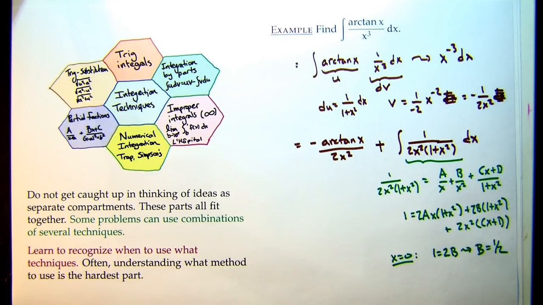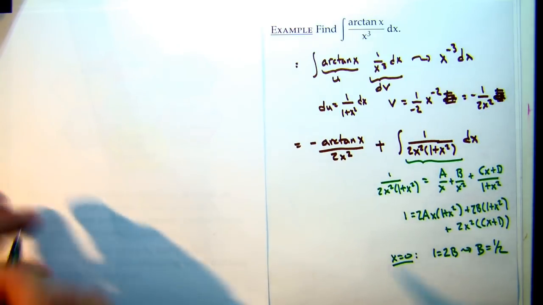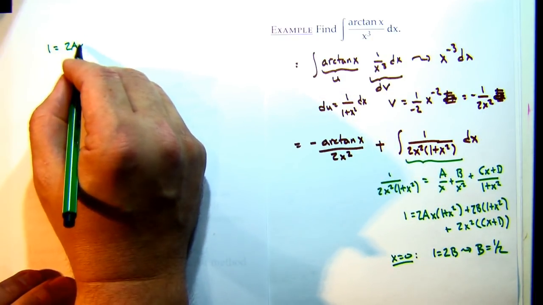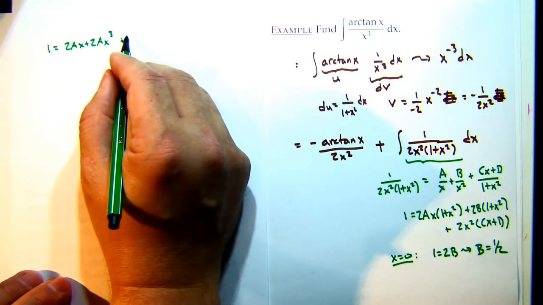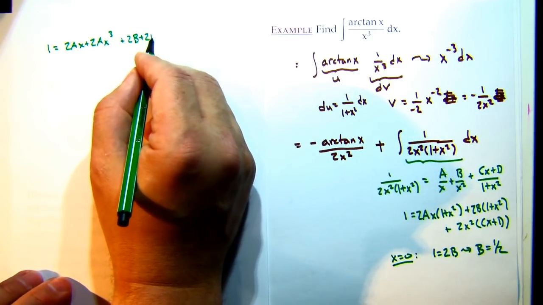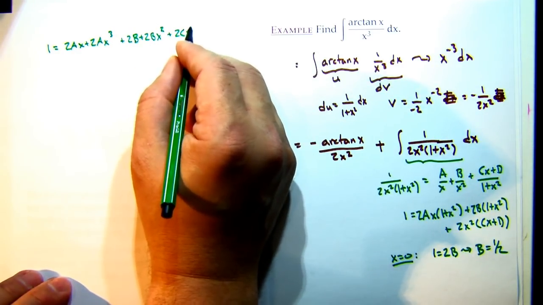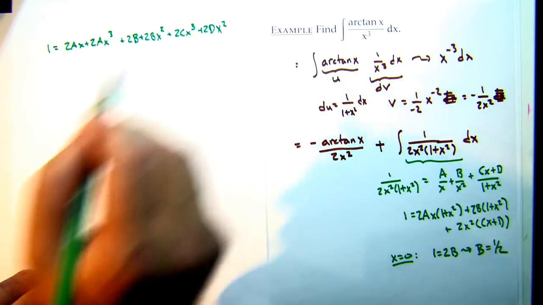So what do we do? Well, here we can go ahead and do various other things. For instance, we can gather coefficients. So what happens? Well, we would have 1 is equal to 2ax plus 2ax cubed, and then plus 2b plus 2bx squared, and then plus 2cx cubed plus 2dx squared.